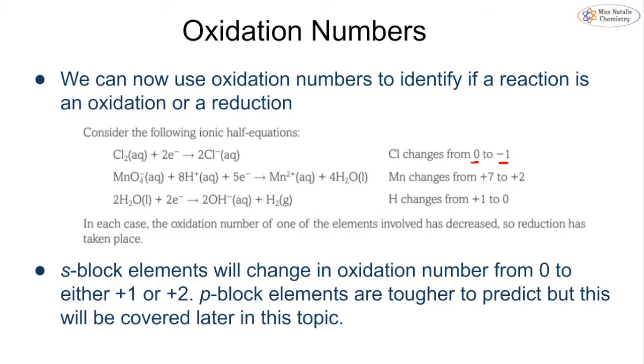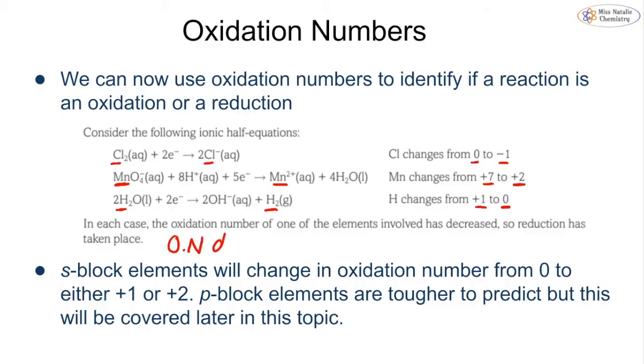For manganese, it is going from a +7 when it is in MnO4 to a +2. And the hydrogen in water is going from +1 to being an uncombined element, so it's going to 0. And in each of these, the oxidation number has decreased, so reduction has taken place.